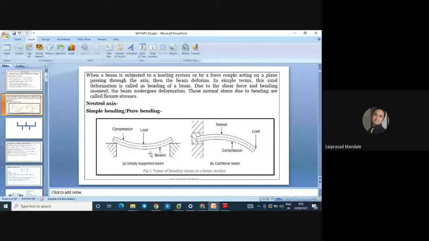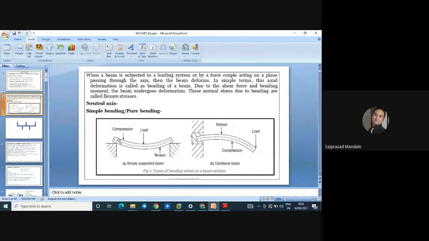If a crack forms over here and it fails, in that case we can say the beam has failed due to bending. All beams fail in bending only, because the beam is in a horizontal position.